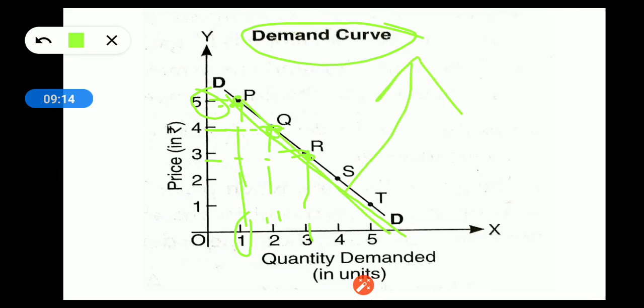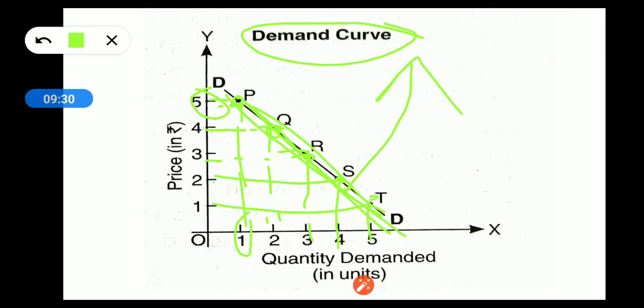When price is ₹2, then demand is 4. So here is the point. When price is ₹1, demand is 5. Here is one point, and when we combine all these points, we get the curve, and this curve is known as demand curve.